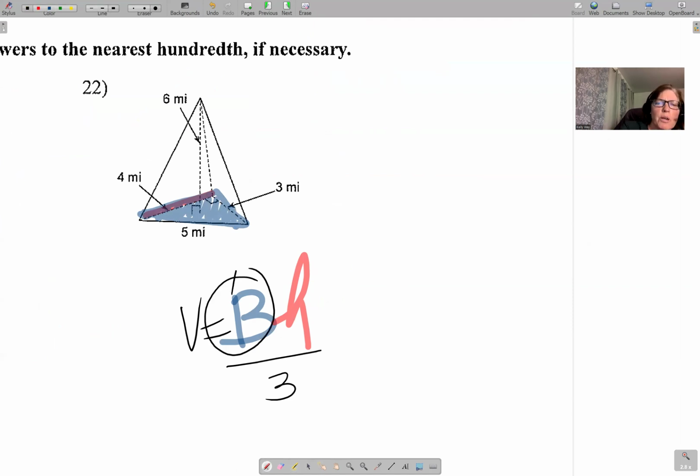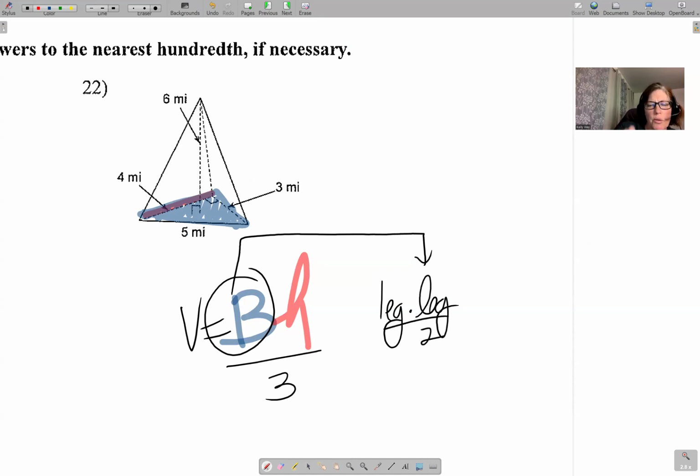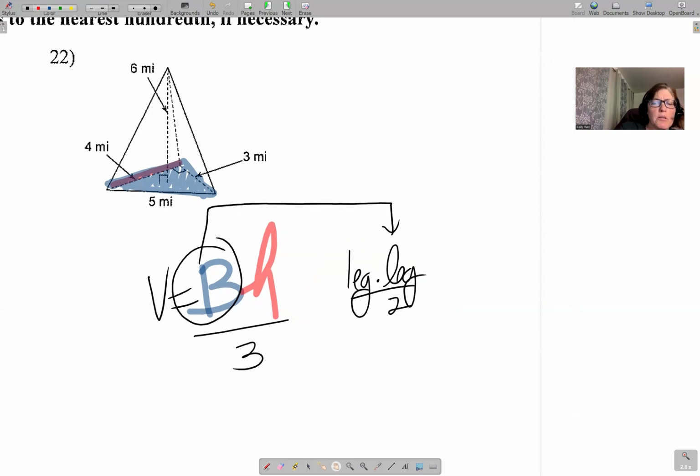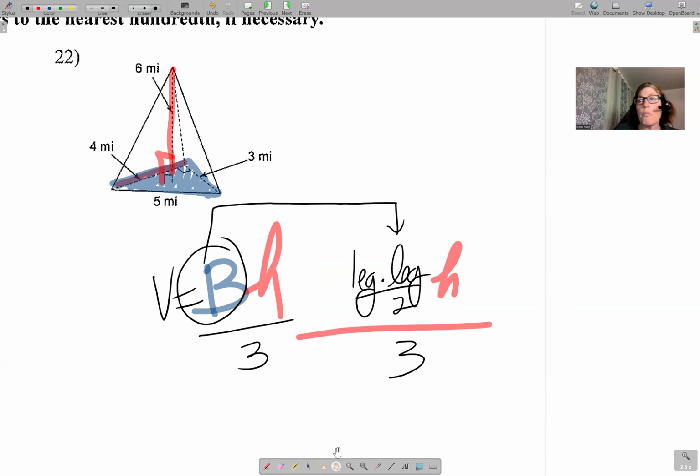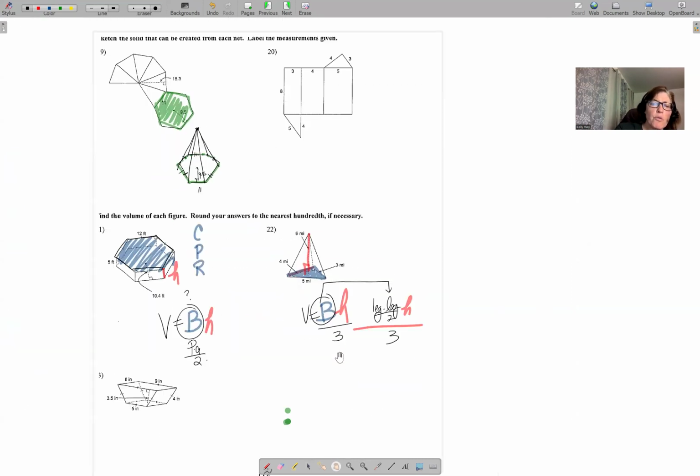So I'm going to circle the base, and that's leg times the other leg over 2. That's going to constitute our base times our height, which we already have, over 3. So prisms are base times height. Pyramids are base times height over 3.